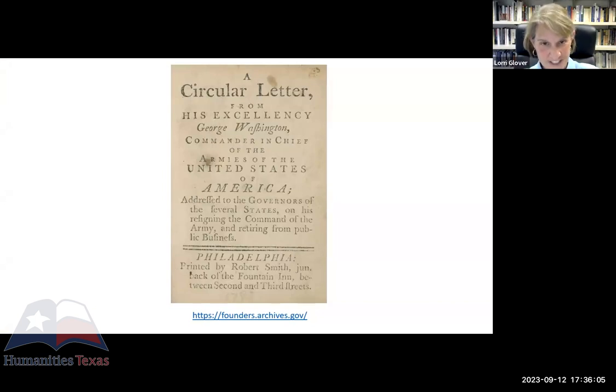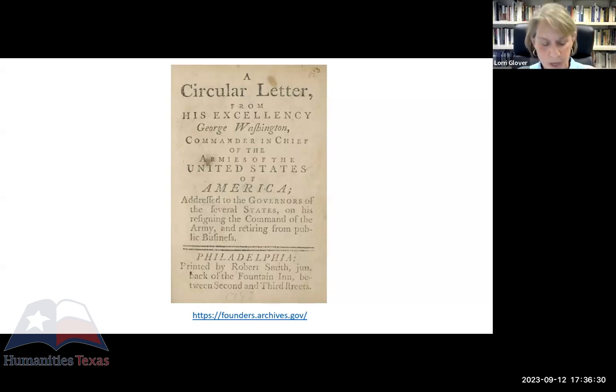This is Washington, and I want you to think about this in the context of thinking about limited government. He hoped that Americans would cultivate a spirit of subordination and obedience to government, to entertain a brotherly affection and love for one another and for their fellow citizens of the United States at large.